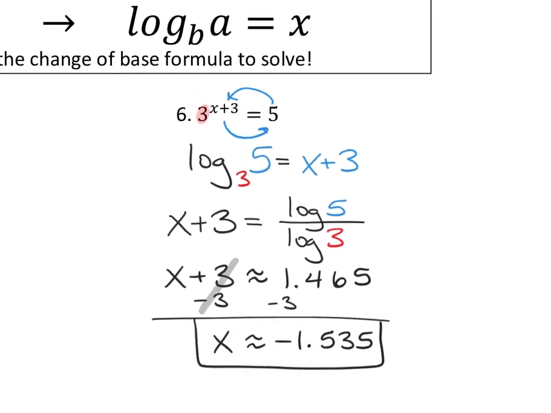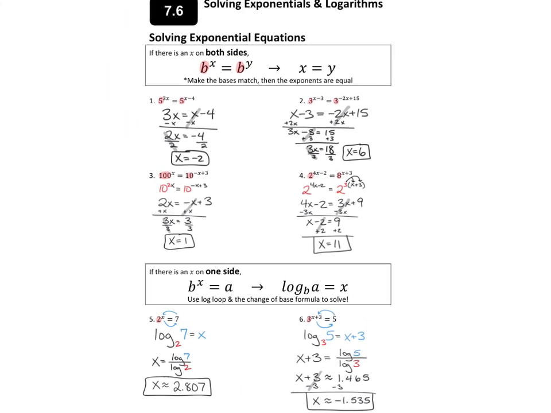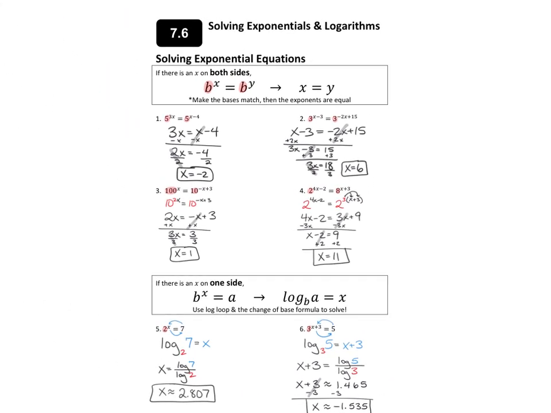Okay, so on this page, we learned how to solve exponentials. We learned how to solve exponentials when there was a value on both sides and when there was a value only on one side. The thing is, it has a partner type of equation, a logarithm, and we need to be able to solve those as well.